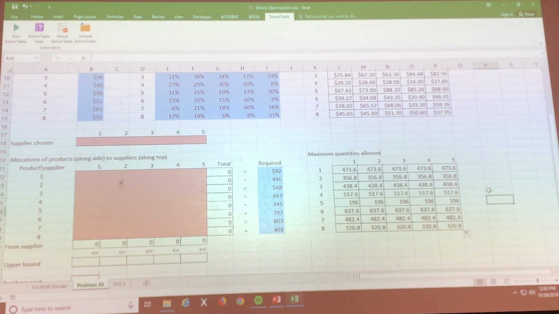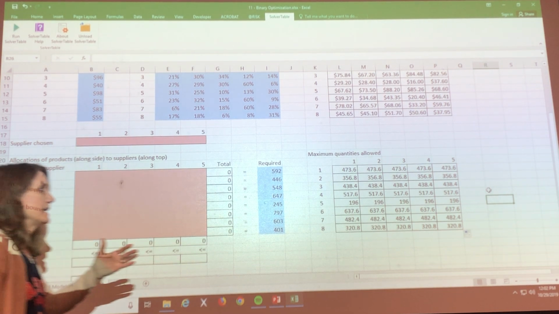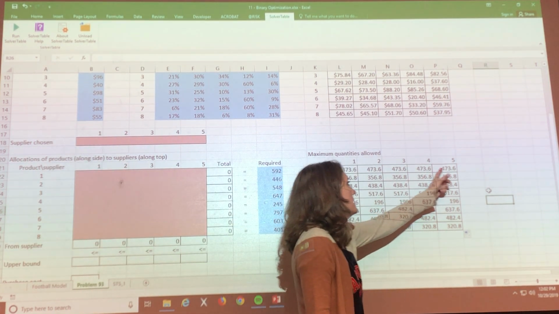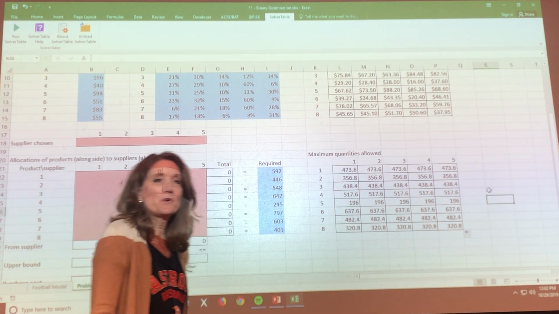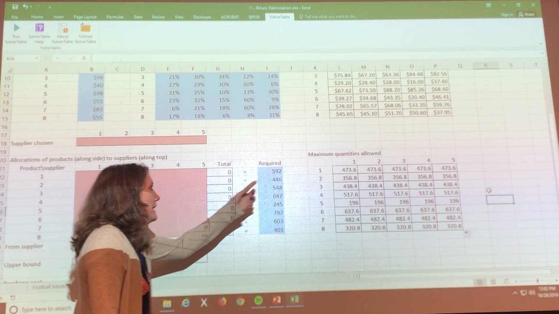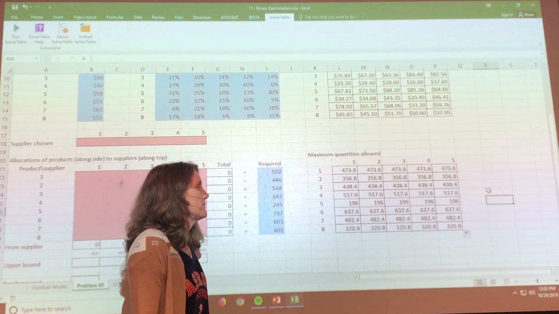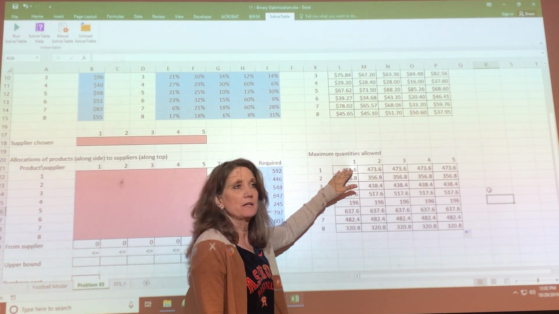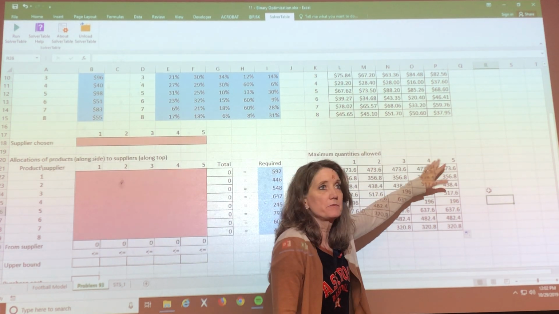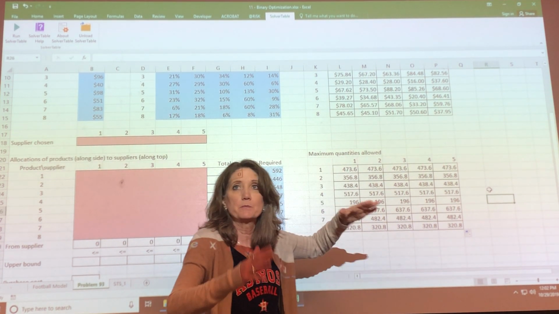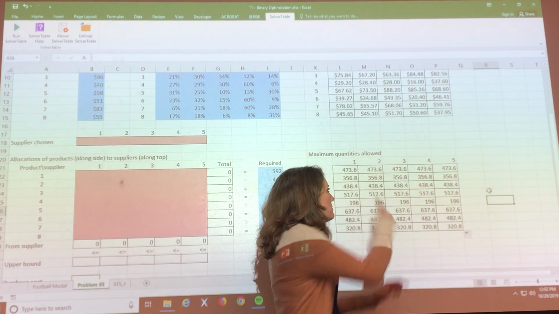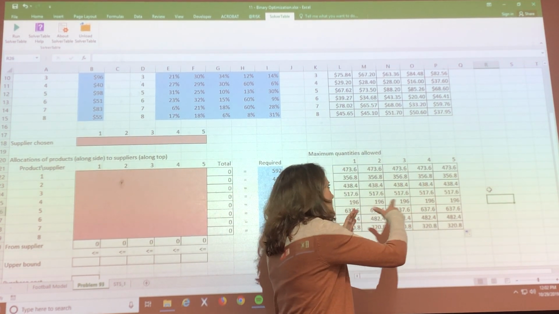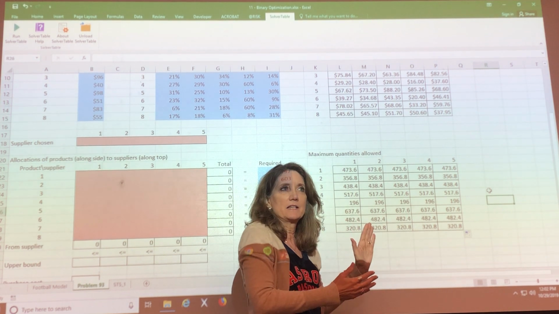So what you'll notice is that the exact same number goes across this whole row, goes across this whole row, this whole row. And that's right, because 80% of 592 is 473.60. That's the max you could get from supplier 1, it's the max you could get from supplier 4, it's the max you can get from a supplier. So, but then why do we have to go to all the trouble to make a whole grid out of it instead of just saying, well, here's 80%, just stick with that?